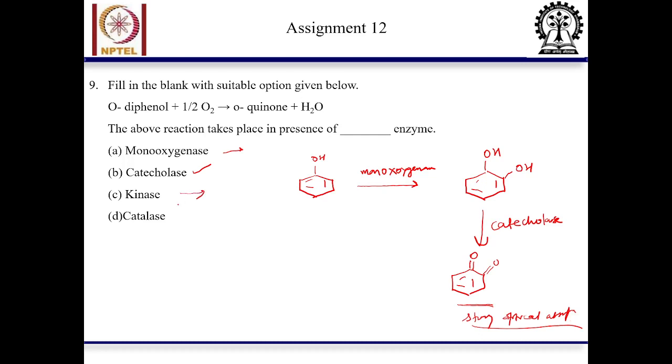Kinase is the catalyst which catalyzes the transfer of a phosphate group from a high energy phosphate donating molecule to the specific substrate. And the catalase we have already told you, it decomposes hydrogen peroxide to water and oxygen. Okay, so I think Sunil is right. The enzyme converting orthodiphenol to orthoquinol, the answer is B, catechol.